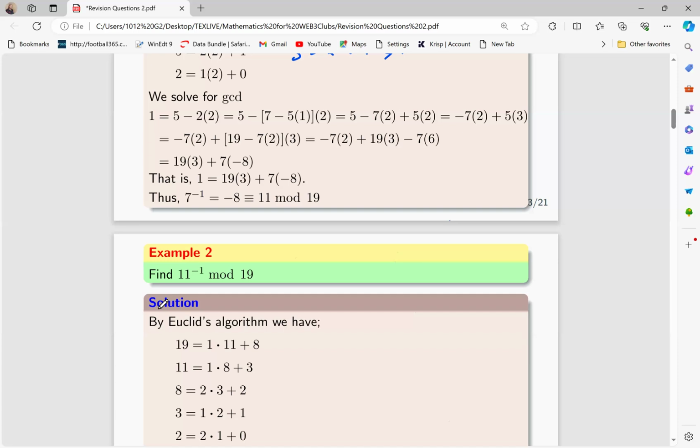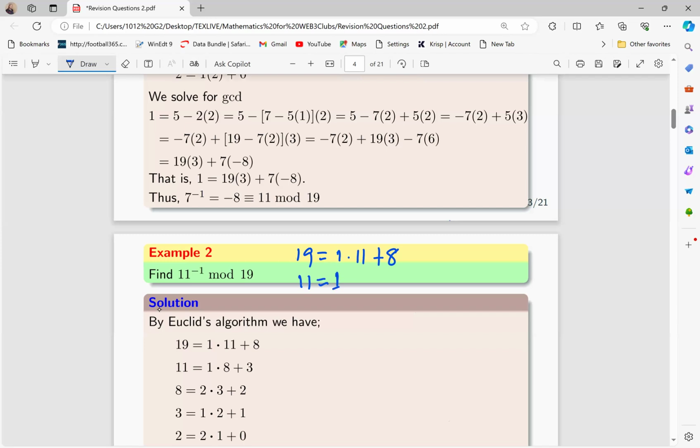We begin by Euclid's. 11 into 19 goes how many times? And the remainder is 8. Now 8 into 11, 8 will go there once, and the remainder will be 3.